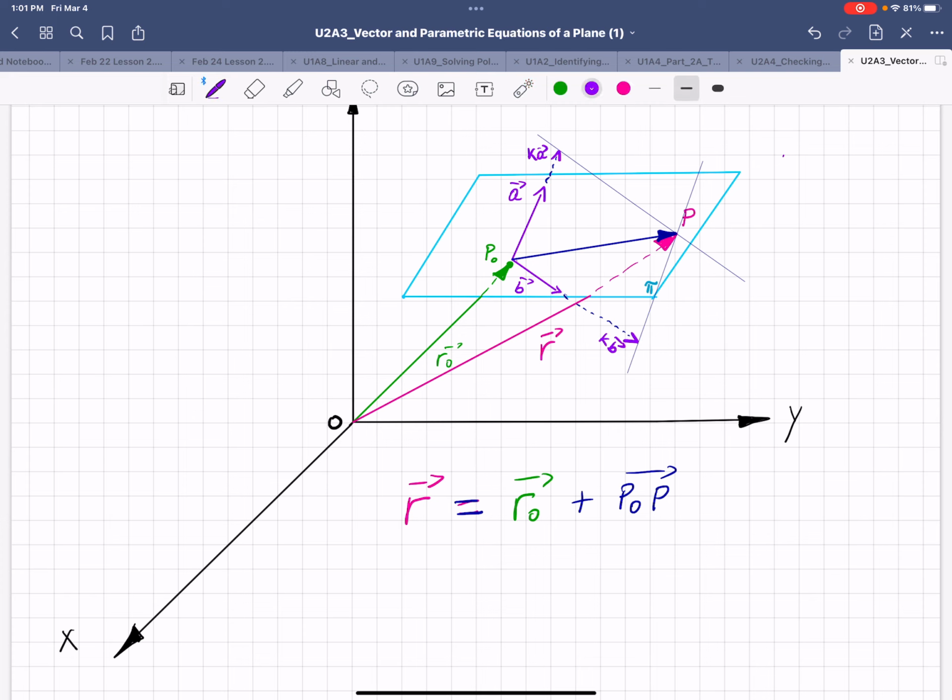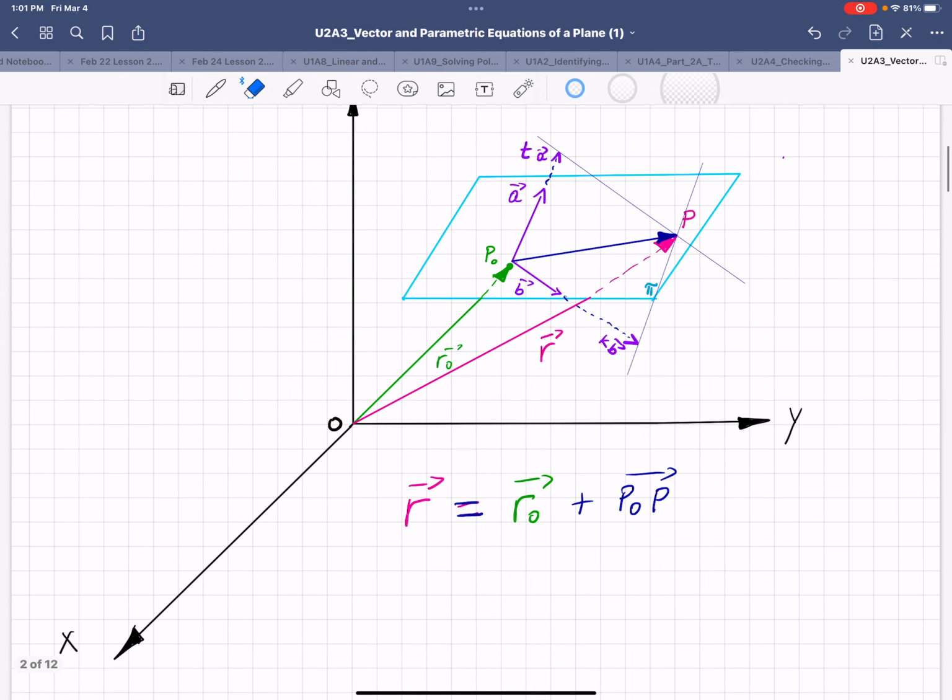So we have to come up with a different name for each scalar. I'm going to call this a scalar t, and I will call the next one the scalar s. We use the letter S very commonly, but it doesn't really matter what letters we use.